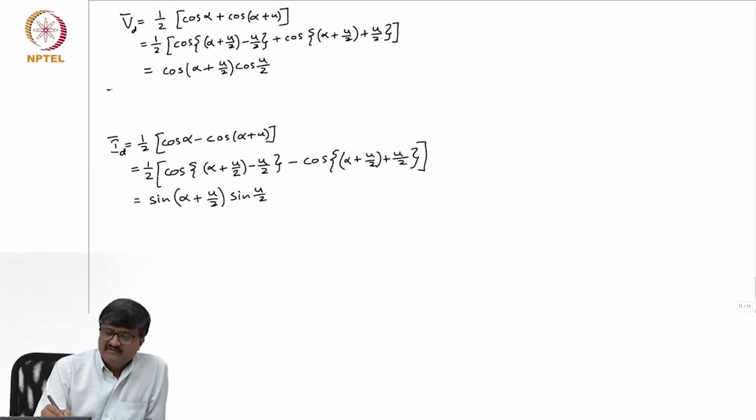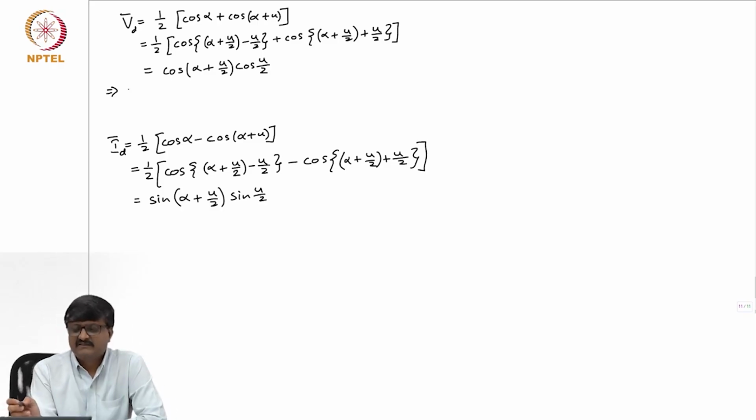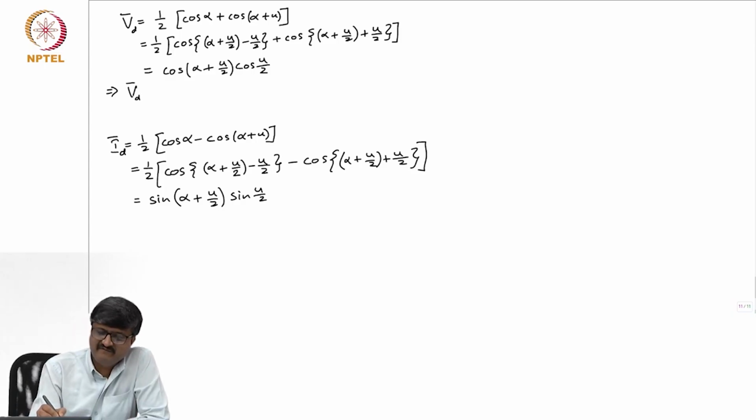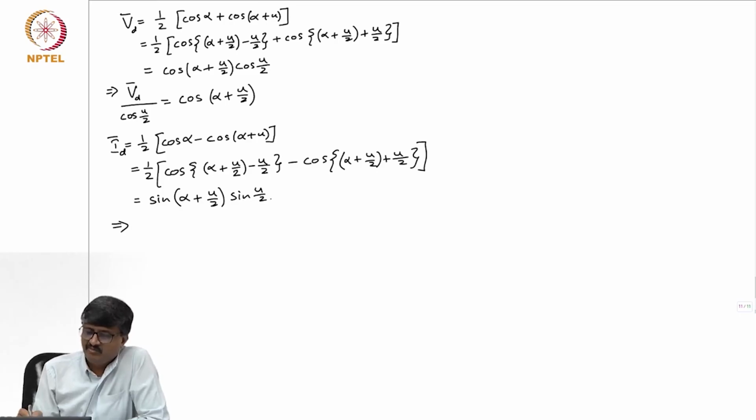What I do here in this equation is I take cos u by 2, which is on the right hand side, to the left hand side. So I write this as Vd by cos u by 2 is equal to cos alpha plus u by 2. Similarly, if I take this equation, I shift sin u by 2 to the left hand side. So I get Id by sin u by 2 equal to sin alpha plus u by 2.